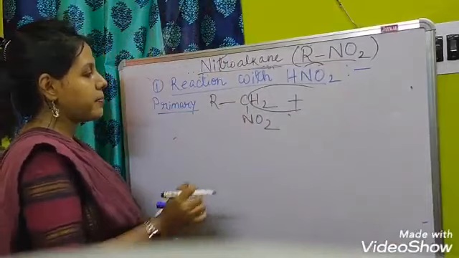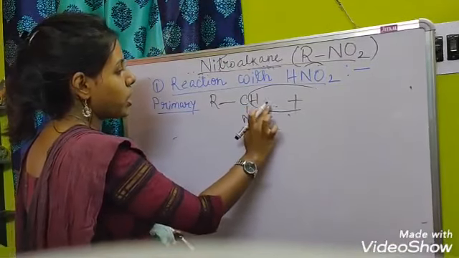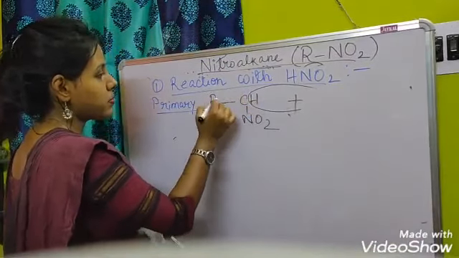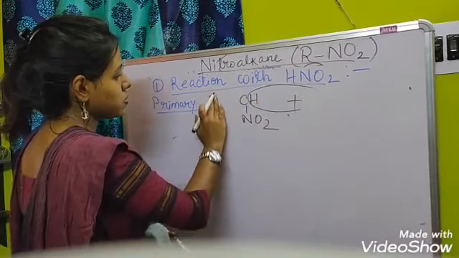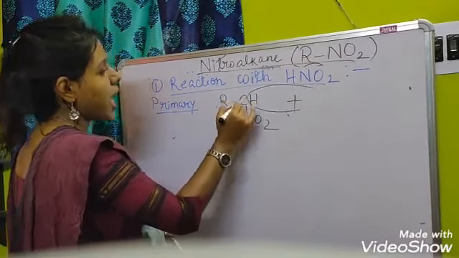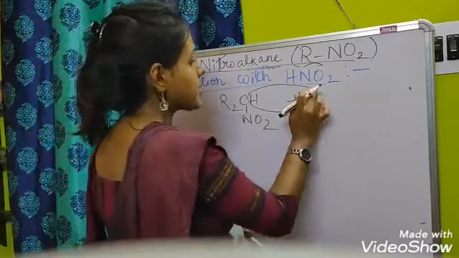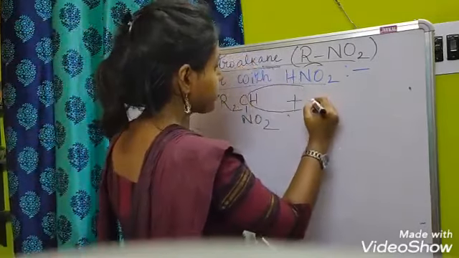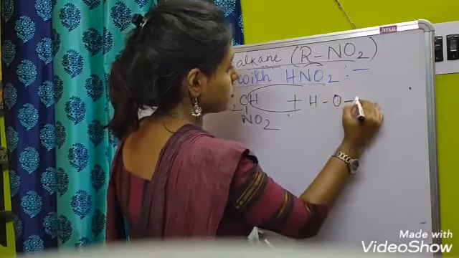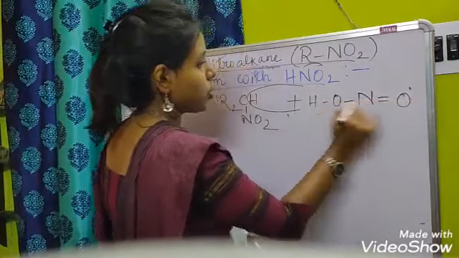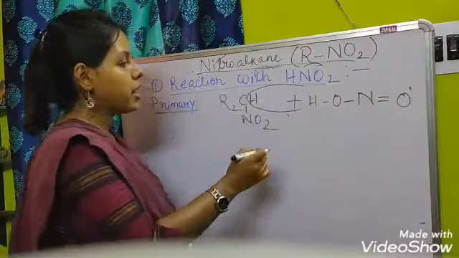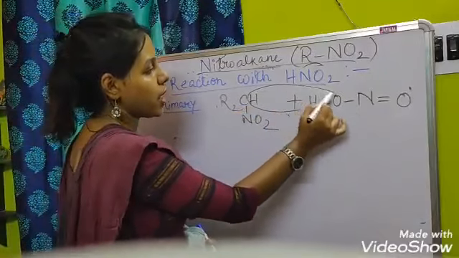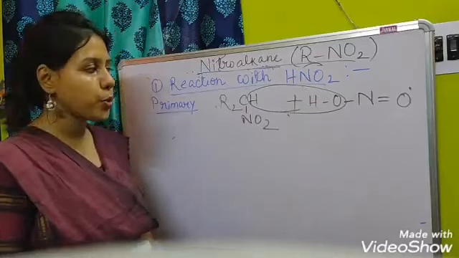Now the secondary, so there will be only one hydrogen and two alkyl groups, R2CHNO2 plus nitrous acid HNO2. So now what will happen? Now this hydrogen will be removed with this OH group.